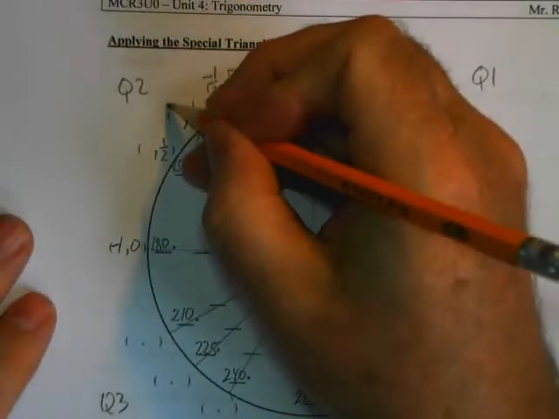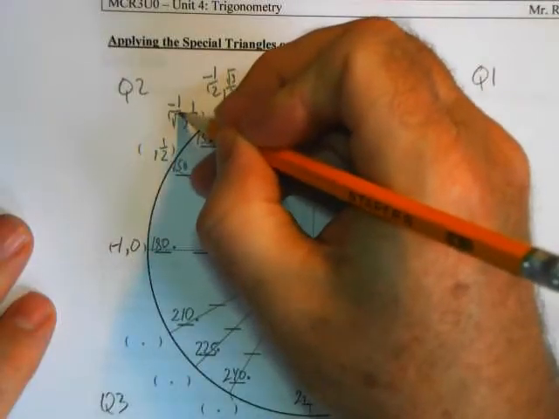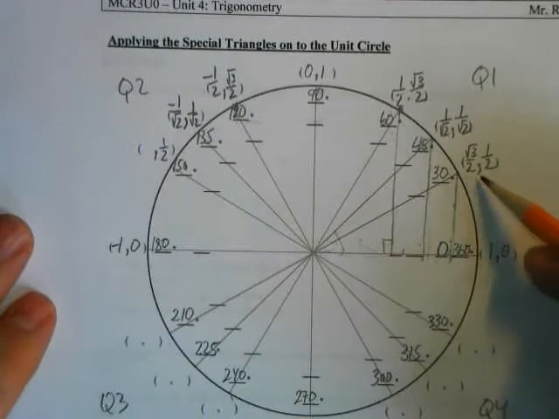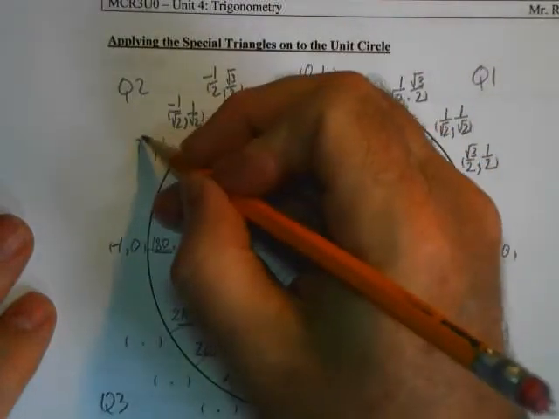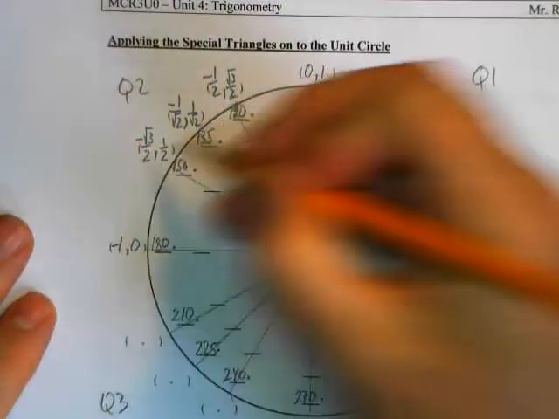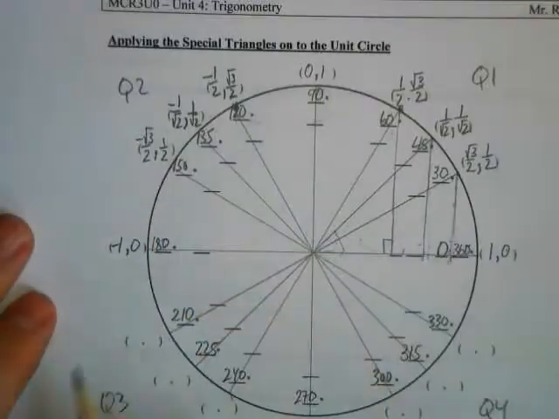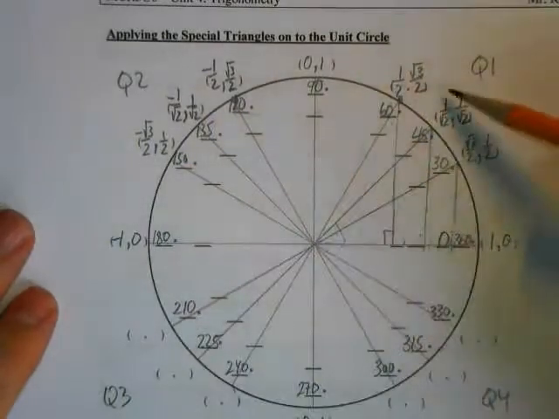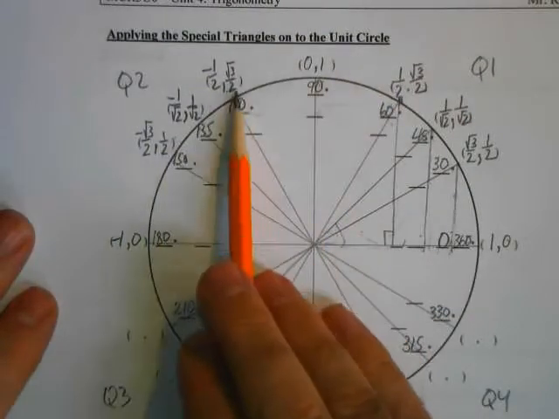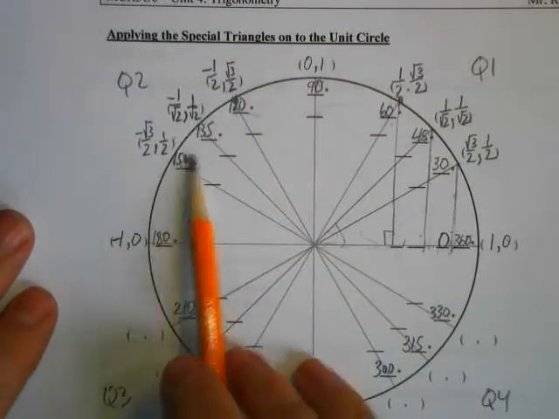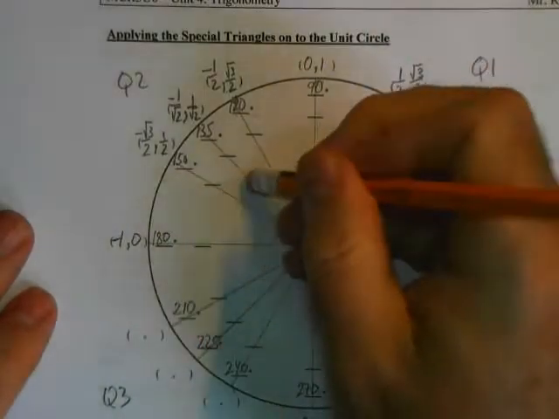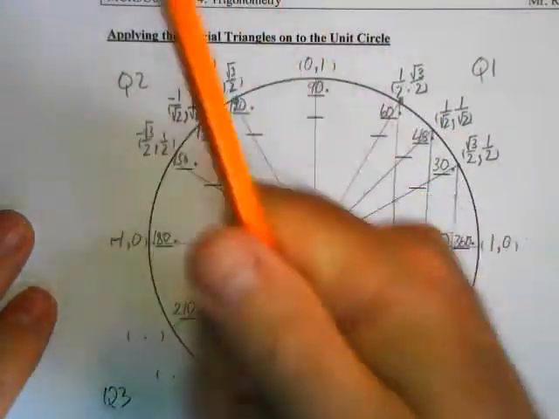So I'm just going to fill all of those in. -1/√2 from the 45 to 135, and -√3/2 for the 150. Okay, so that was a lot quicker. We used the property of symmetry to get these values. You can see the y coordinates here are the same as the y coordinates here as we go across, but the x coordinates are the negative versions.